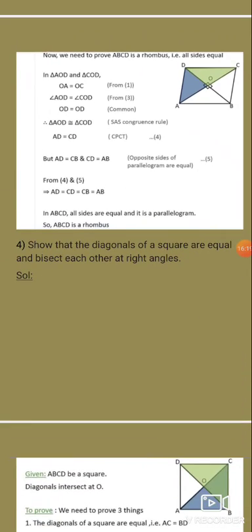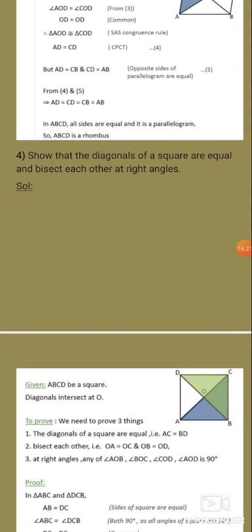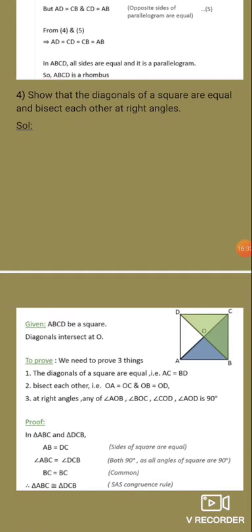Now listen to the next question. Show that the diagonals of a square are equal and bisect each other at right angles. So ABCD is a square.